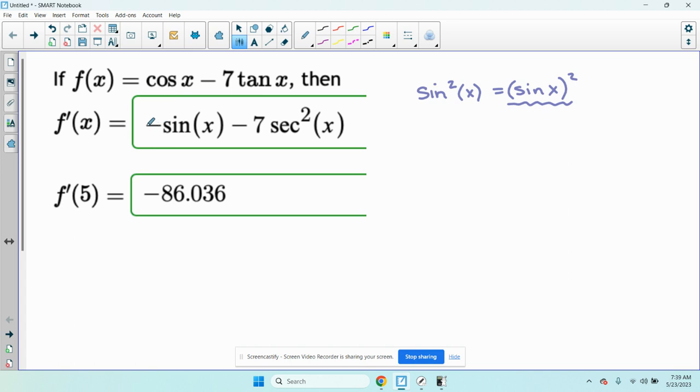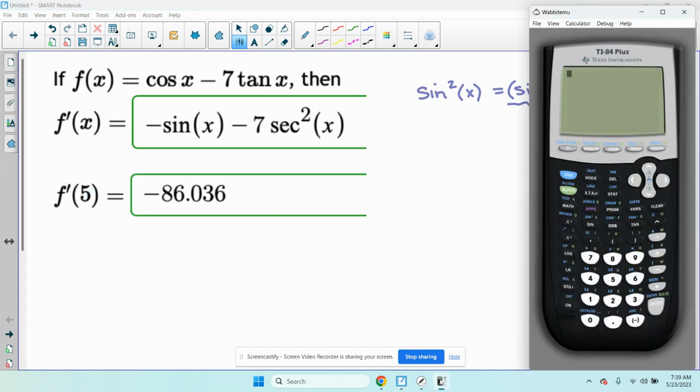So if I want to enter this where x is 5, I'll just do negative sine of 5. If you want to do it all in one step, that's fine. We'll do that first just to show you. So minus 7 times. Now I want to enter secant, which is 1 over cosine. So I can do a second set of parentheses, or I can just do 1 divided by cosine of 5.